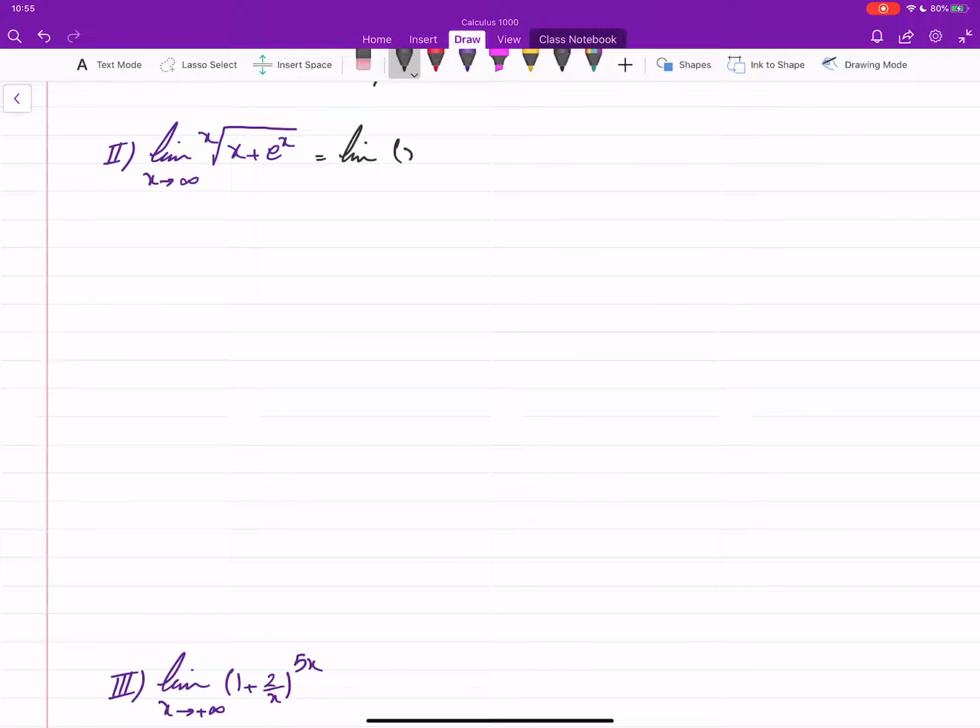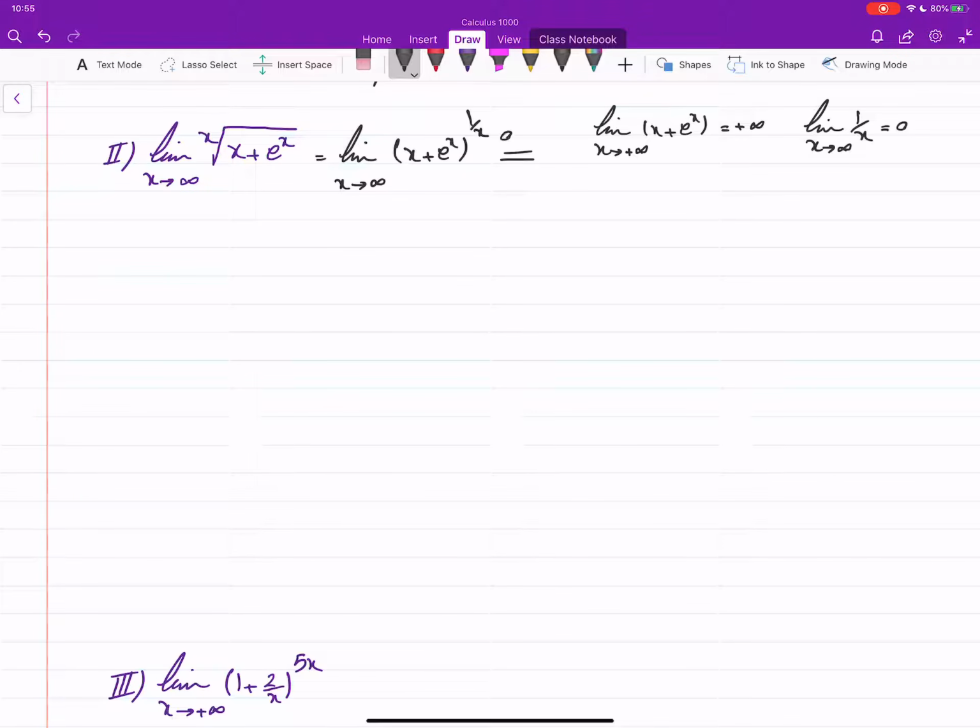But if you write it as this, because the x-th root is the power 1 over x, then you see that the limit of x plus e to the power x as x approaches plus infinity is plus infinity, and the limit of 1 over x as x approaches plus infinity is 0.